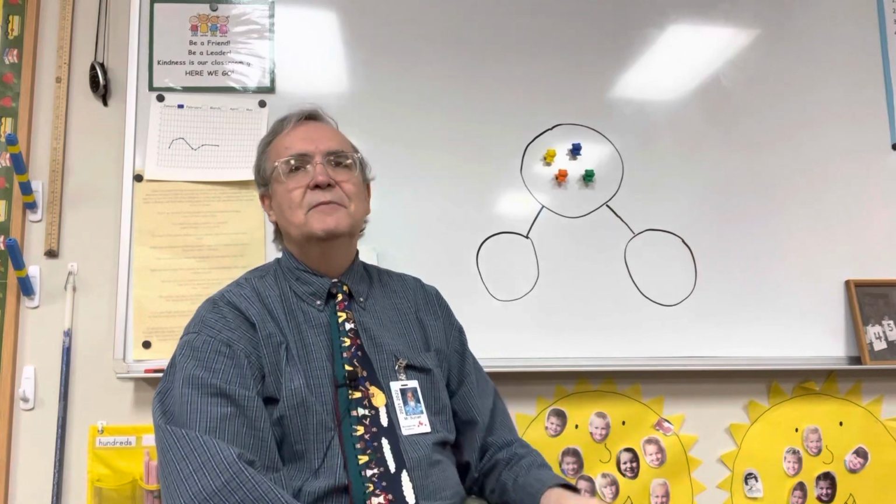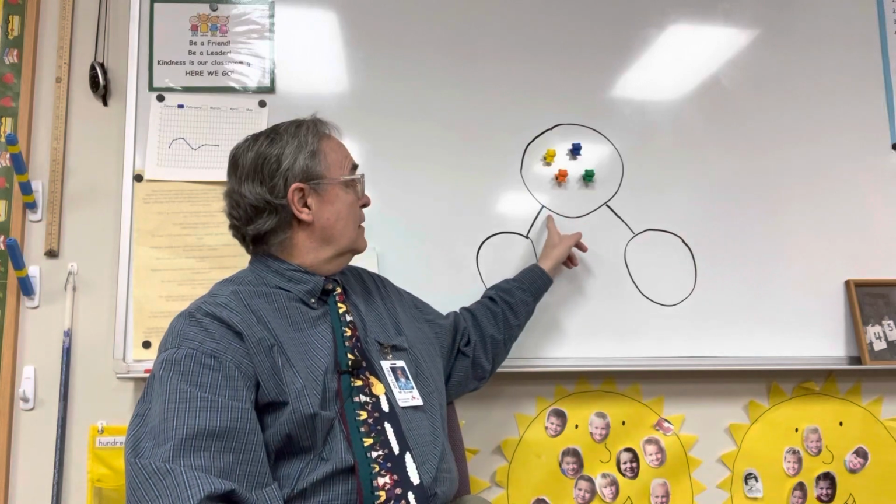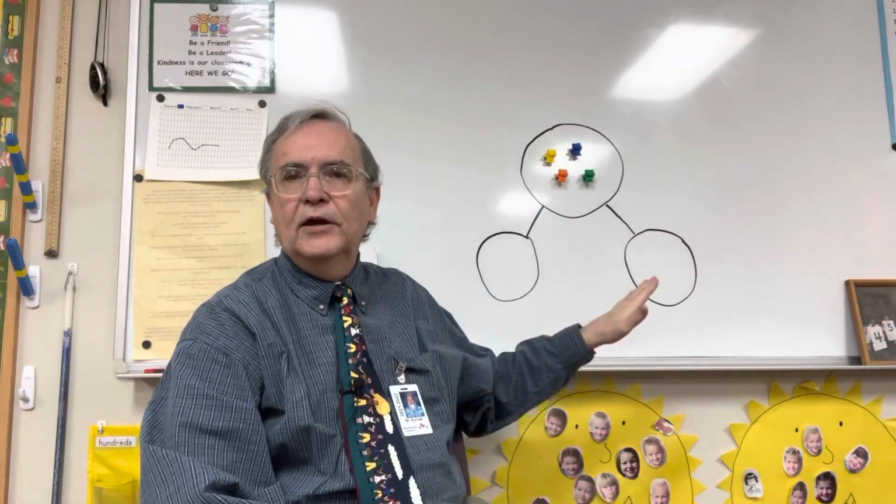Now, look what we got on the board over here. We have some bears, and they are in a party. It's a teddy bear party. But it's been a long time, and it's time for them to go home. And so we are going to have them follow the path into their home.